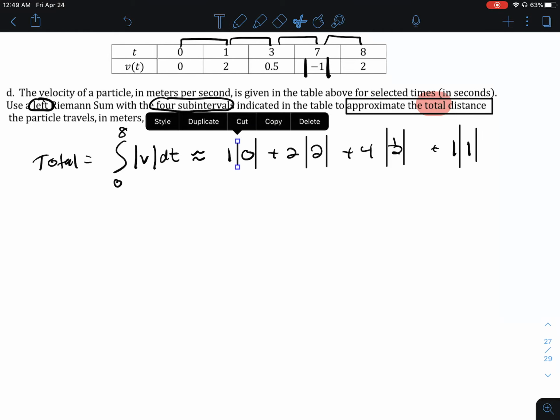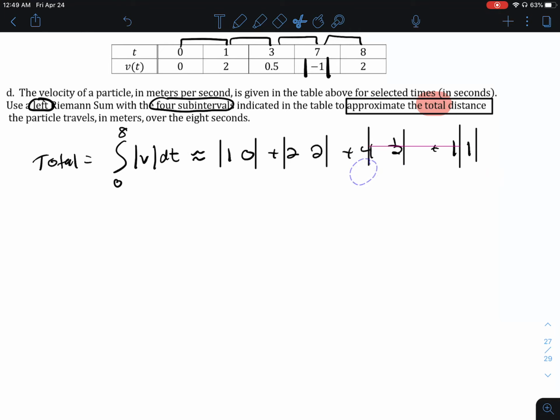Or you could even say that it's the absolute value of these products. Whatever, it doesn't matter as long as you're consistent.